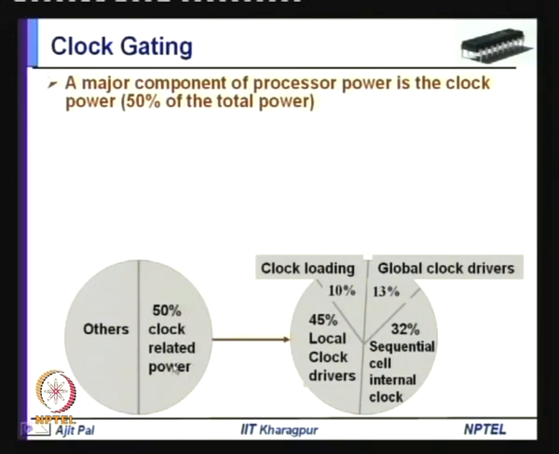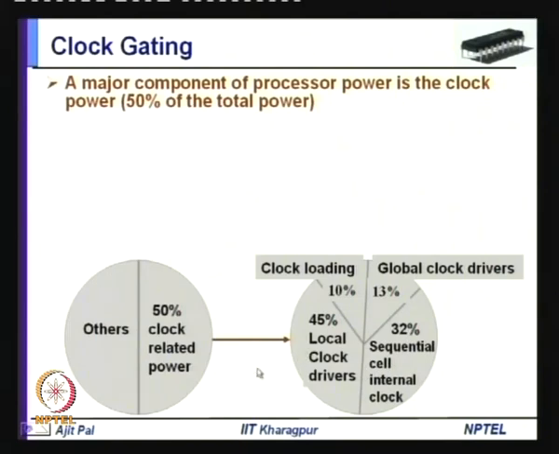Here is the breakup: clock loading 10%, 45% local clock drivers, 13% global clock drivers, and 32% sequential and internal clock.